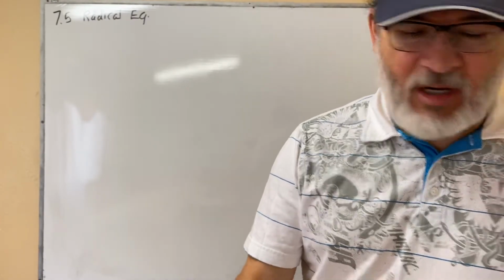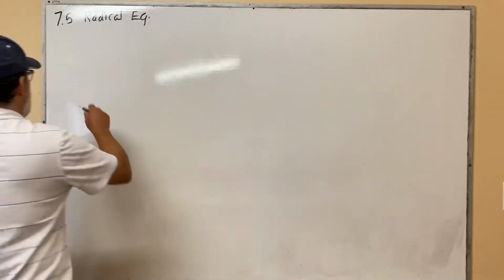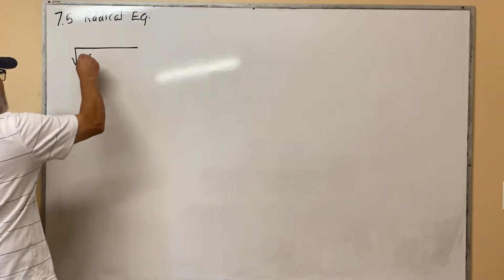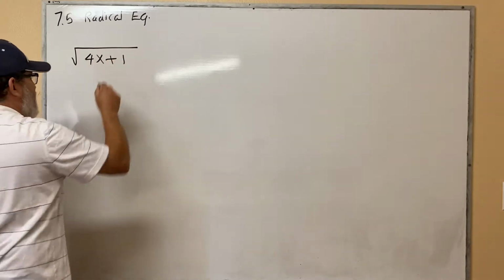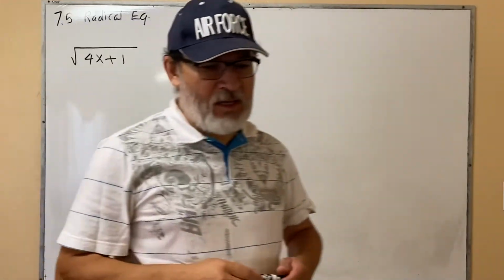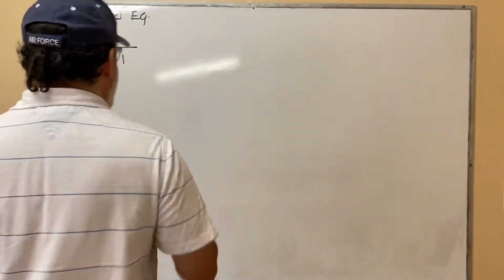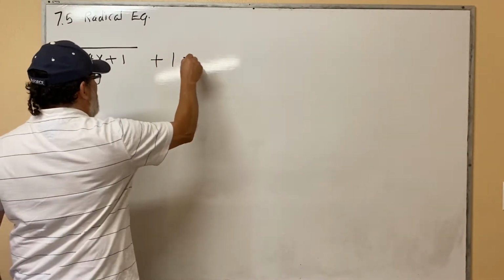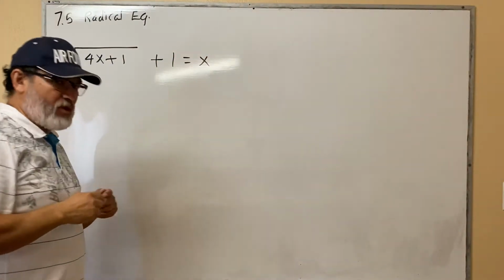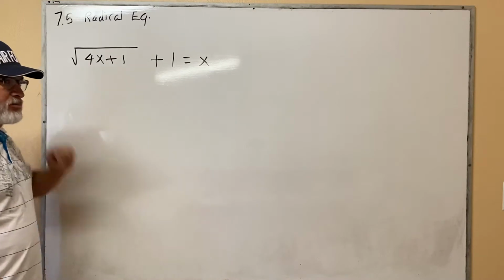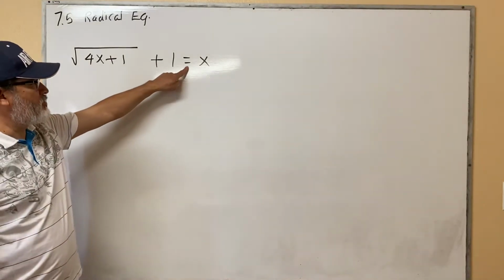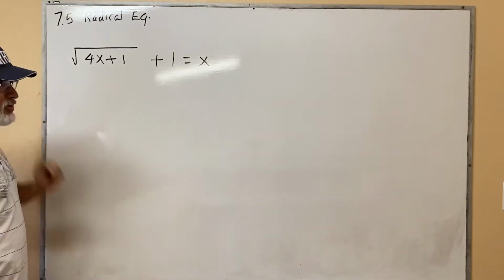Radical equation, here we go. The square root of 4x plus 1, plus 1 equals x. This is a radical equation. It's an equation, look. It contains a radical.